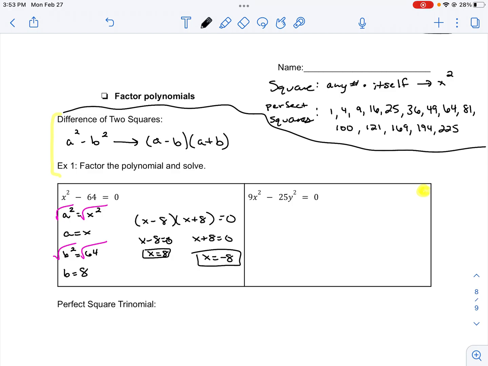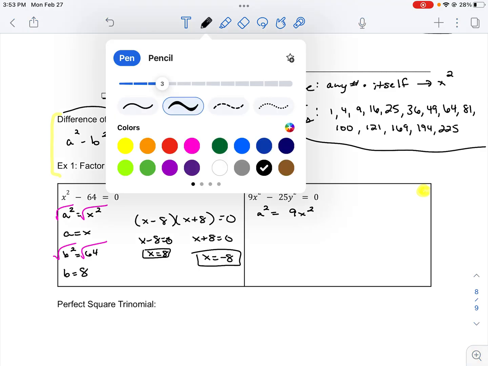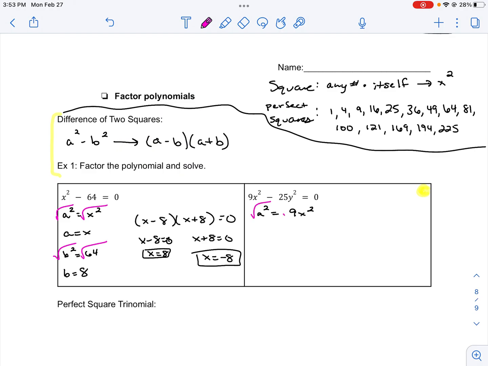So same concept on the right side. We have 2 terms. So I know right away it's difference of 2 squares because it matches that set. So a squared in our situation is 9x squared. So again, we have to square root both sides.